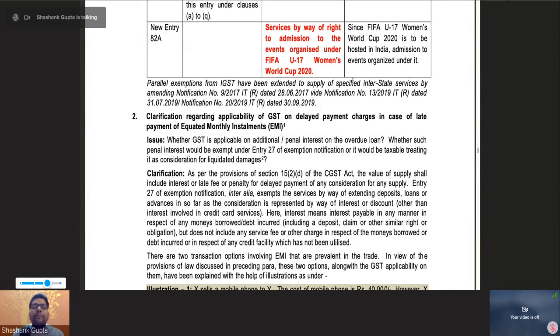So basically 4 months, 11,000 per month. So effectively you will be paying me 44,000. Now my basic question is, what will be the value under GST? 40,000 or 44,000? What is the transaction value?